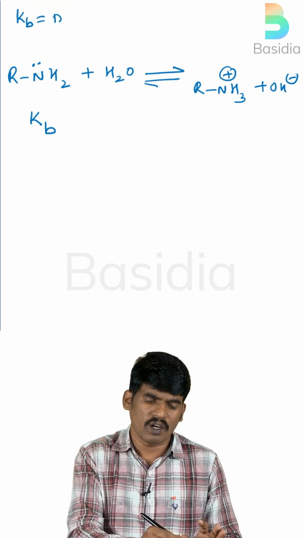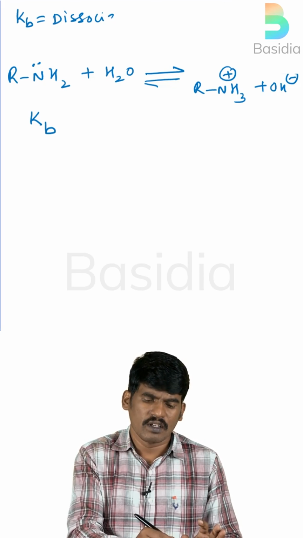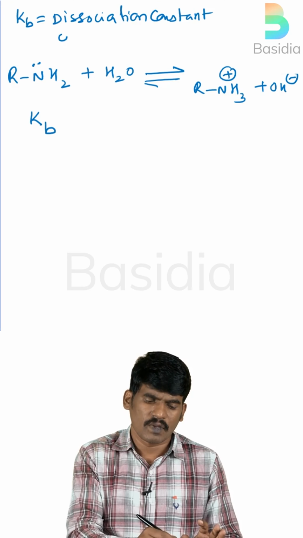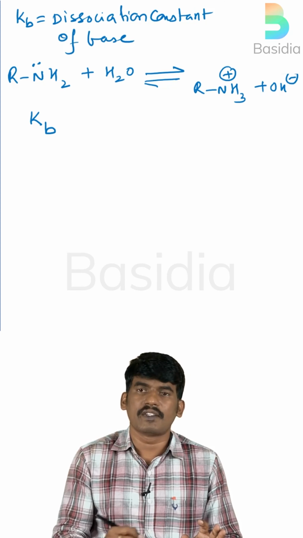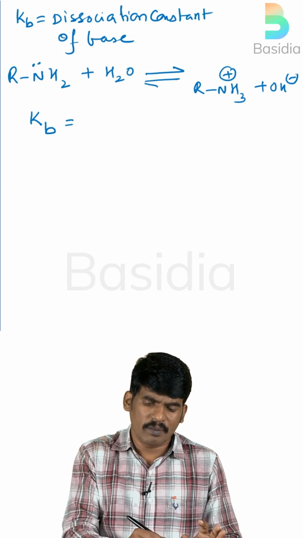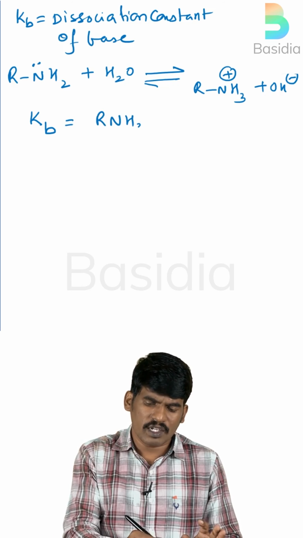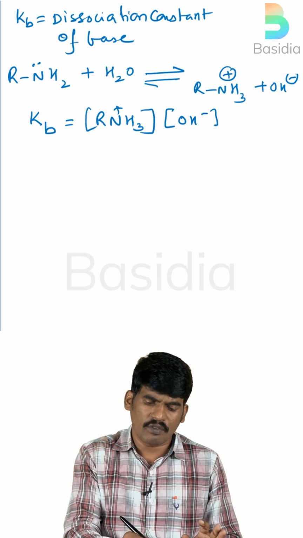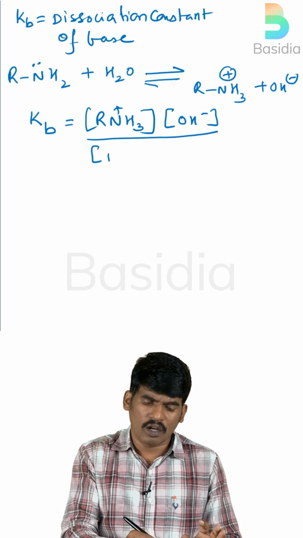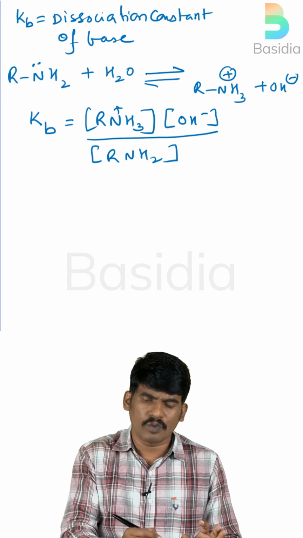Kb is equal to the concentration of RNH3+ times the concentration of OH-, upon the concentration of RNH2.